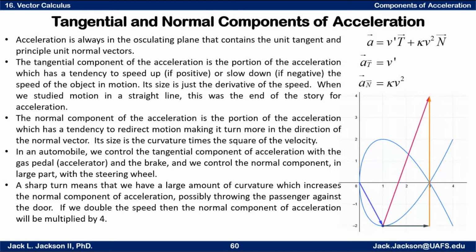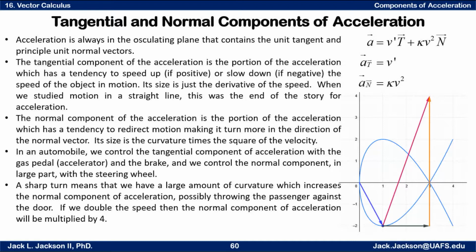So in an automobile, for example, we control these components with some simple controls on the car. The gas pedal or accelerator and the brake are controlling the tangential component. They also have some effect on the normal component, but it's controlled in large part by the steering wheel.